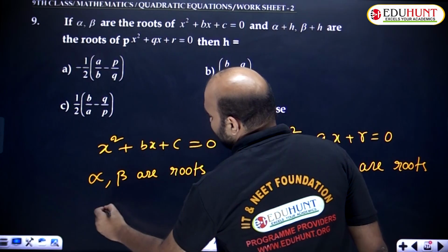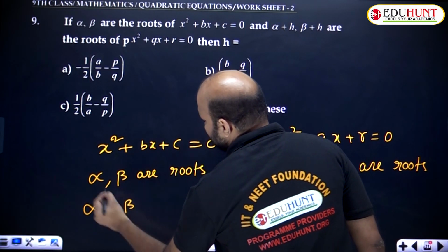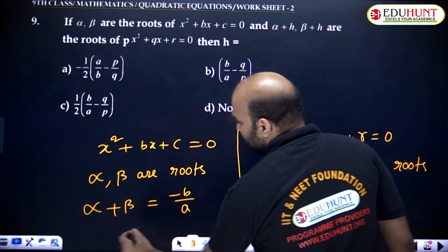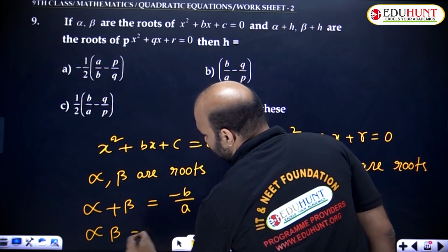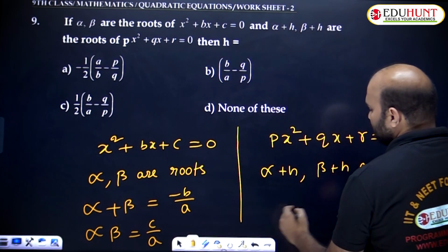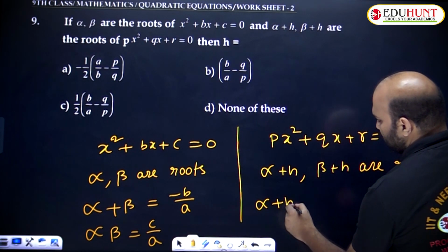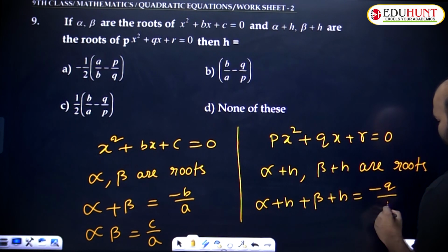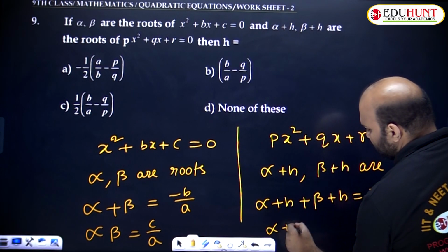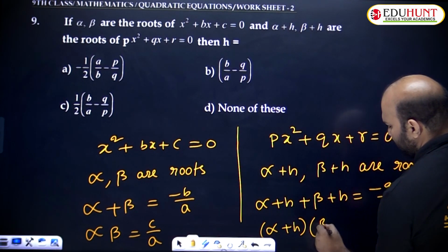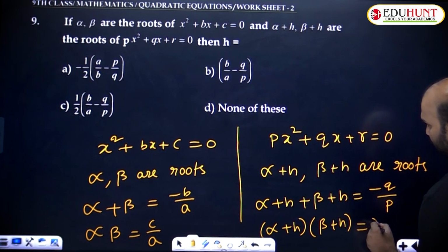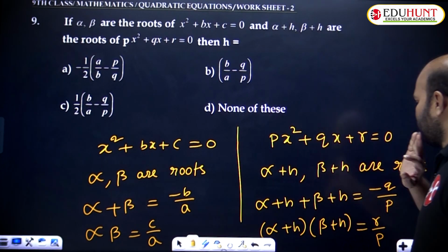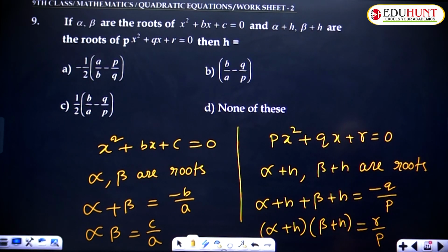For the first one we need the sum of the roots, alpha plus beta, formula minus b by a, and the product of the roots, alpha into beta, formula c by a. For the second, the sum of the roots alpha plus h plus beta plus h is minus q by p, and the product of the roots alpha plus h into beta plus h is r by p. But what is the question asking? The h value. Am I clear?